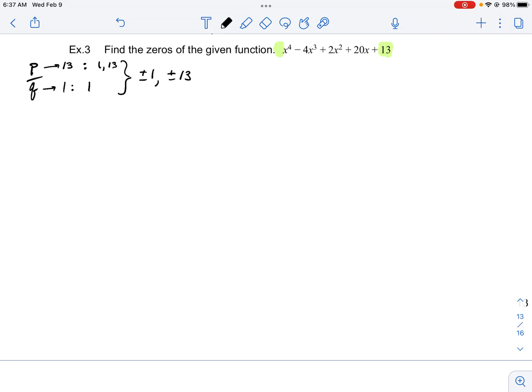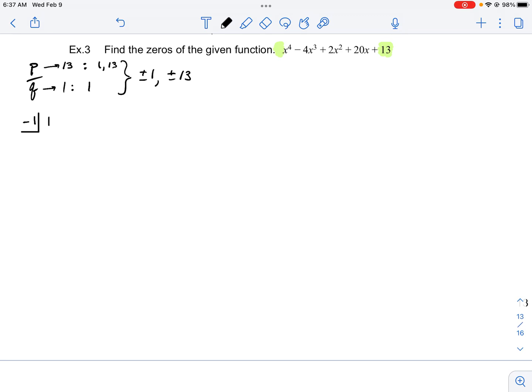Again, it's just kind of a random start wherever you want to go. You can choose positive 1, negative 1, 13, or positive 13. Start wherever you wish. So I'm going to choose negative 1.